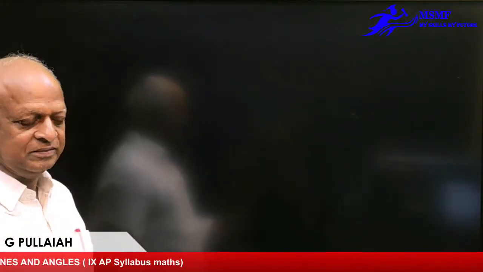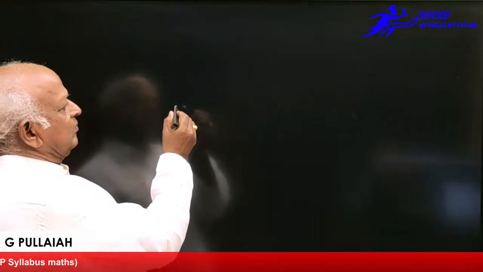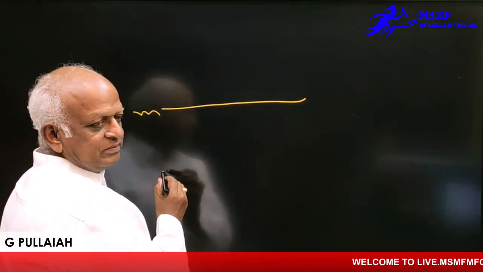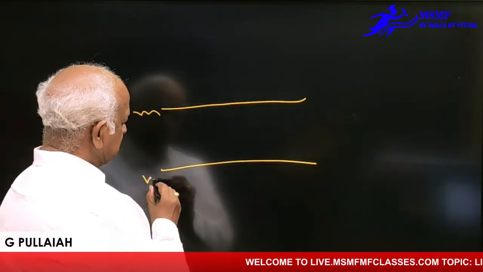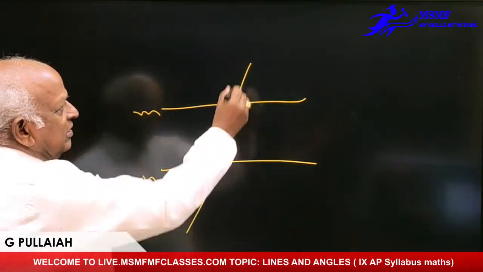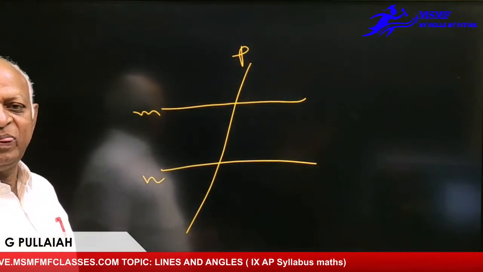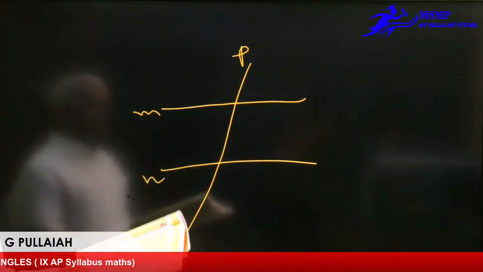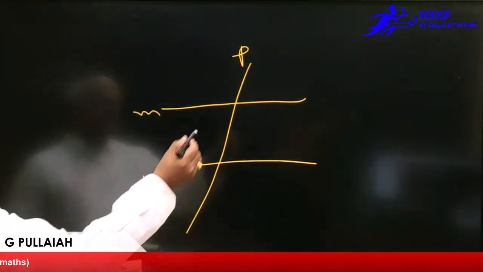So now here, let us take two lines, M and N. Let us take point P. Here, P is a transversal. Let us take this.